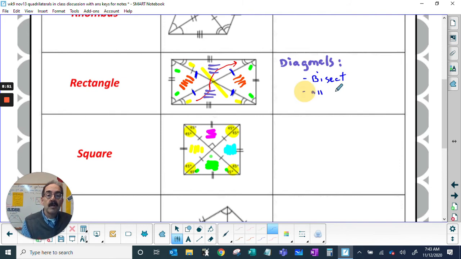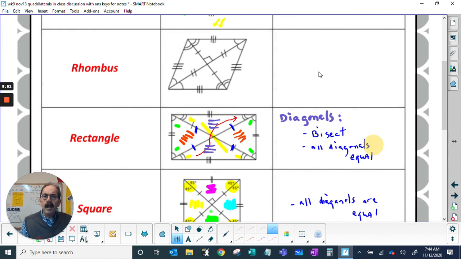All diagonals are equal. We could say that here too. All diagonals are equal.